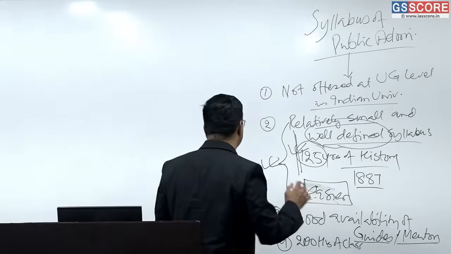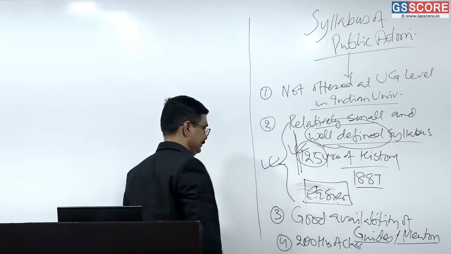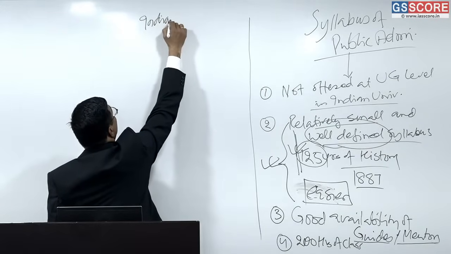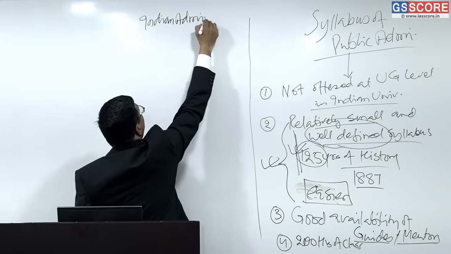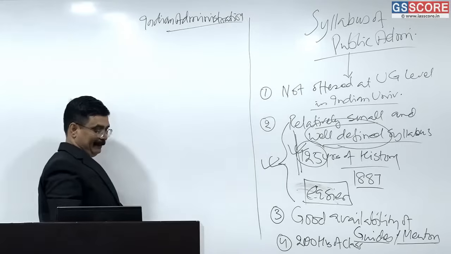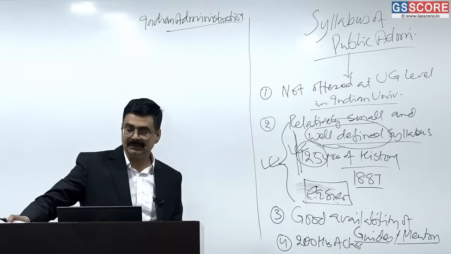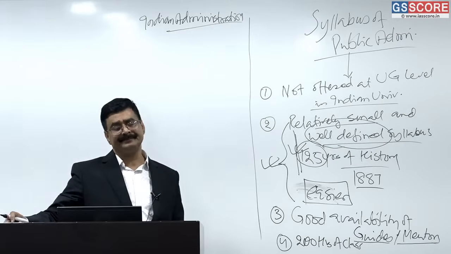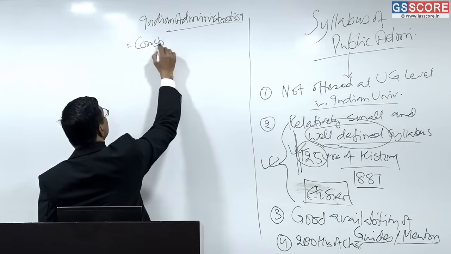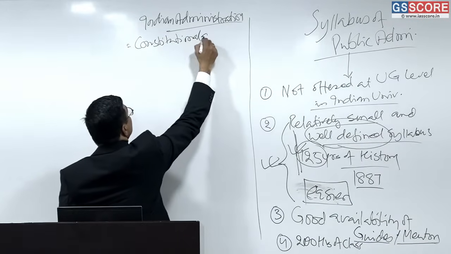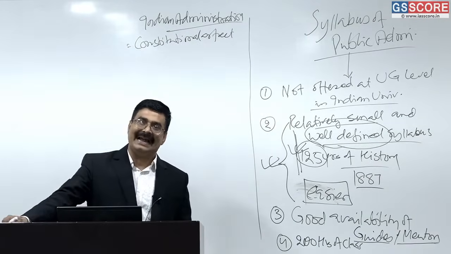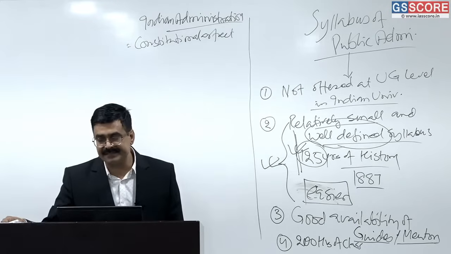When it is a matter of the second paper, Indian Administration, that is the second paper of public administration, it is directly related with the constitutional aspect of public administration, and that is Indian polity and governance.